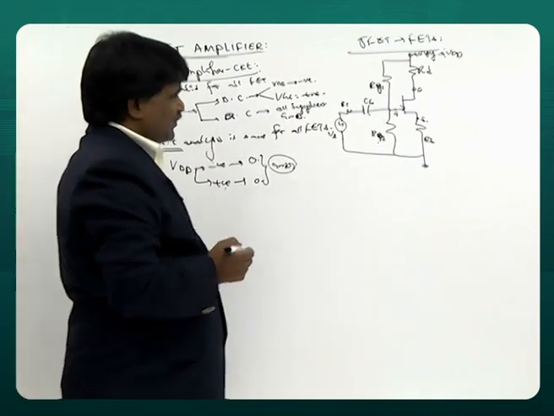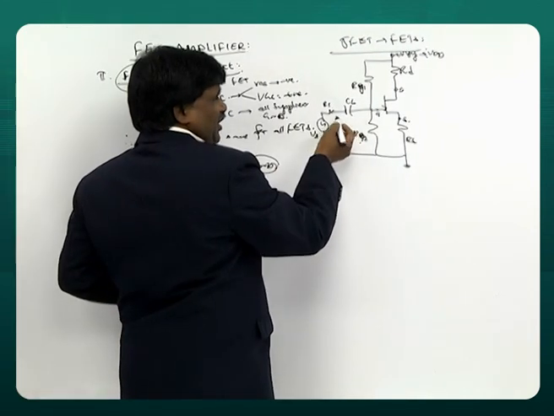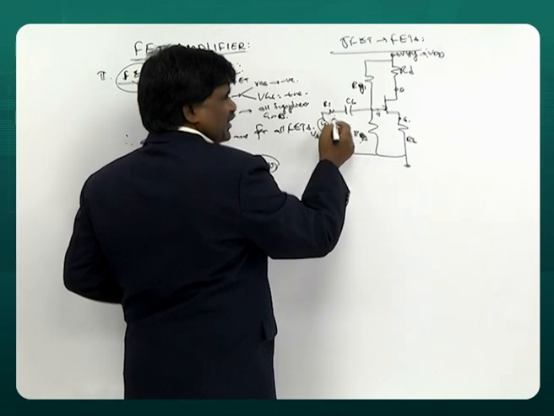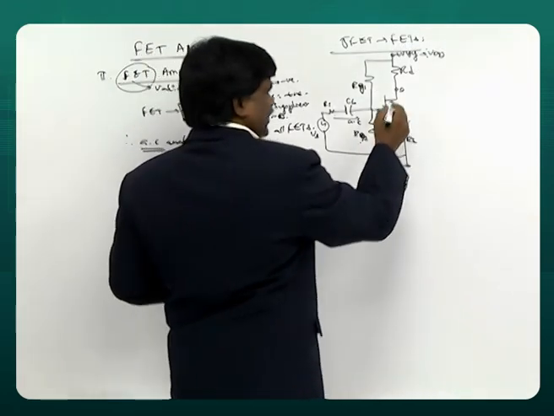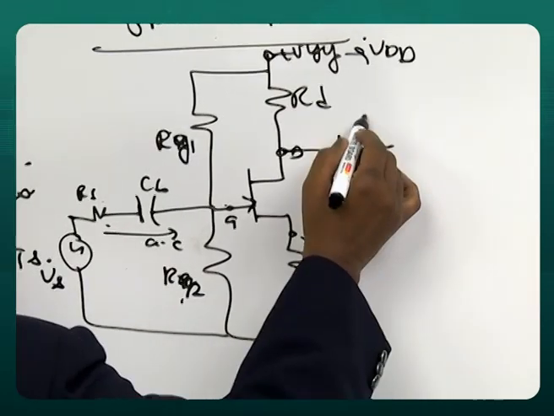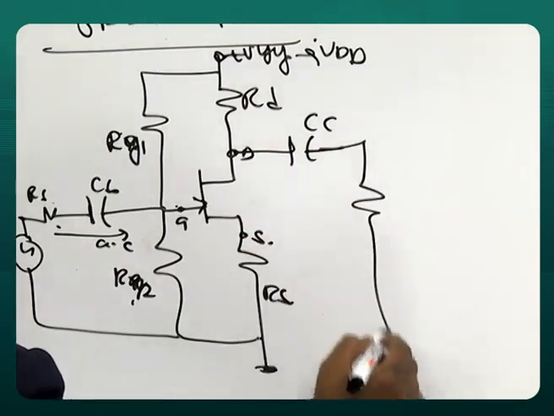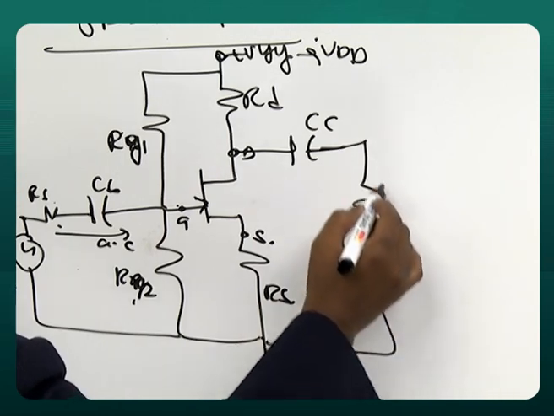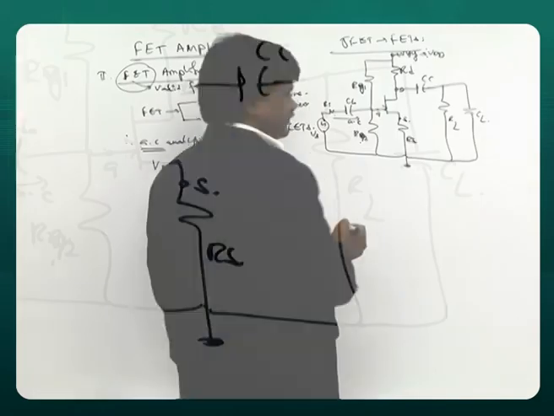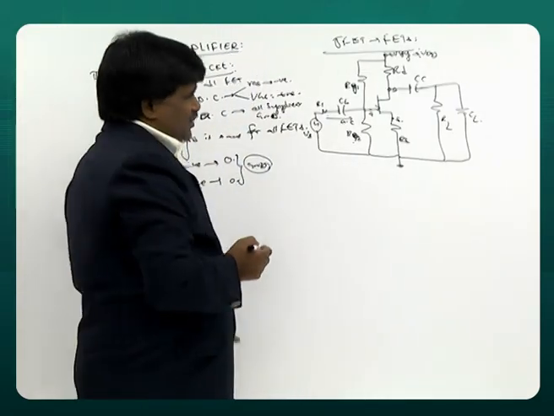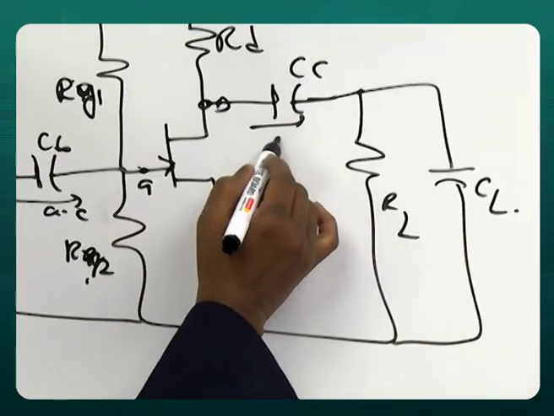What does it block? It blocks DC, allows only AC. Similarly, at the output also, we need a capacitor which allows only AC. And then we have RL and a capacitor called CL.